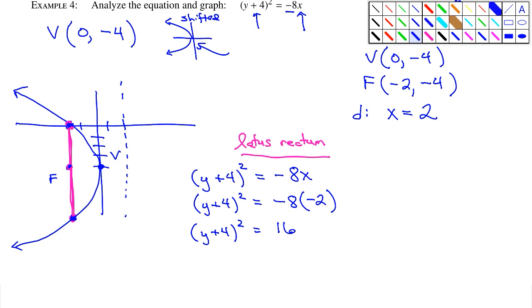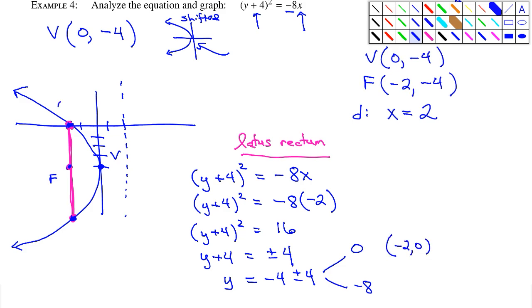Take the square root, we get y + 4 is equal to plus or minus 4. And then we get y is equal to −4 plus or minus 4, which is equal to 0 and −8. So that means the endpoints of the latus rectum are (−2, 0), which is this point here, and (−2, −8) down here.